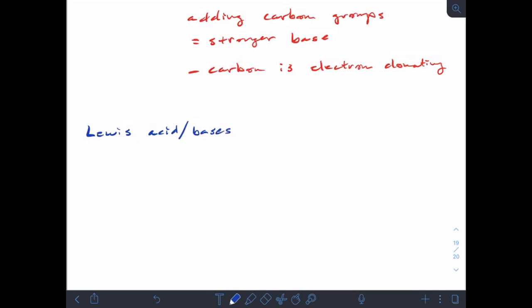So with the Bronsted-Lowry theory, we had proton donors and proton acceptors. With Lewis theory, Lewis acids are electron acceptors. And Lewis bases are electron donors.